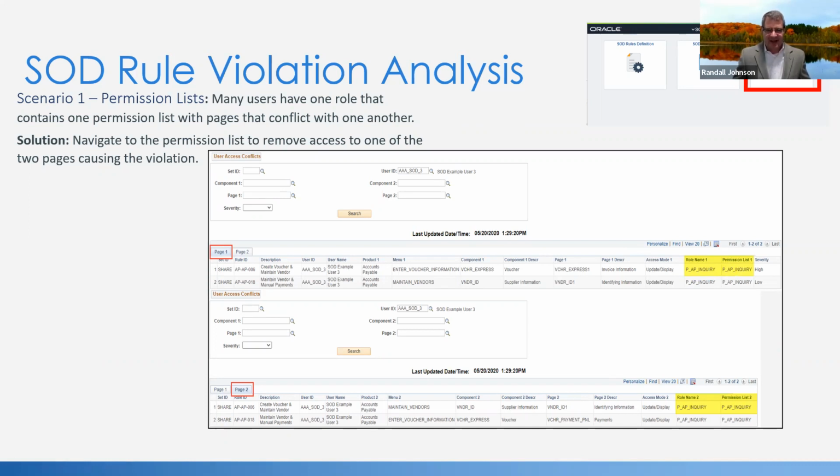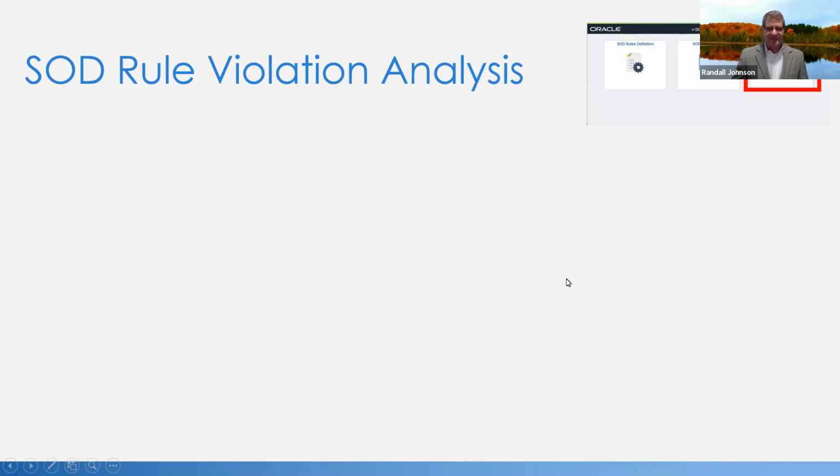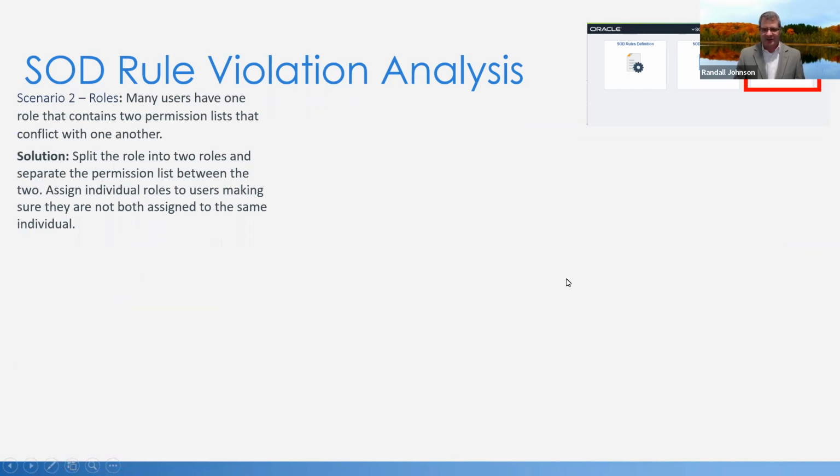And when you figure out the pages that should not coexist, you split them. You create two permission lists, and you split them so that you no longer experience those pages within the permission list. Okay, so our drill down will give you the details on how to do that.